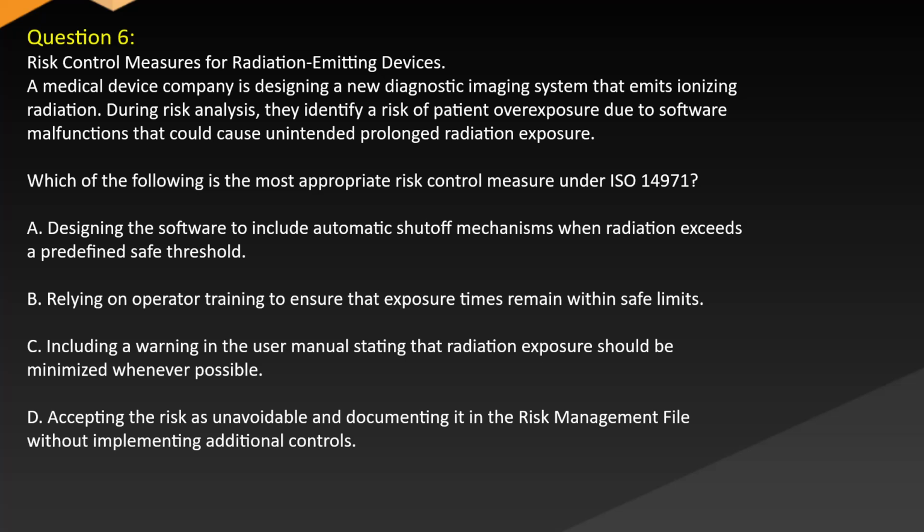A. Designing the software to include automatic shut-off mechanisms when radiation exceeds a predefined safe threshold. B. Relying on operator training to ensure that exposure times remain within safe limits. C. Including a warning in the user manual stating that radiation exposure should be minimized whenever possible. D. Accepting the risk as unavoidable and documenting it in the risk management file without implementing additional controls.